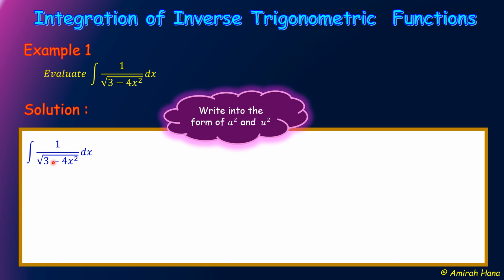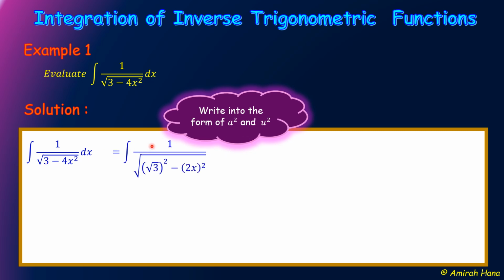If the answer is an inverse trigo function, where the numerator is a constant and the denominator inside the square root is quadratic, we can write it in the form of a squared and u squared. A means constant and u means the function with variable x.